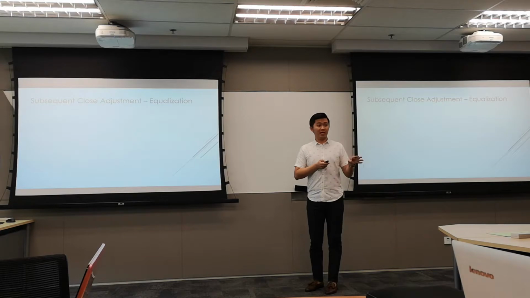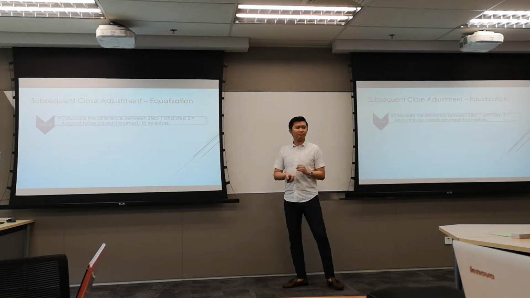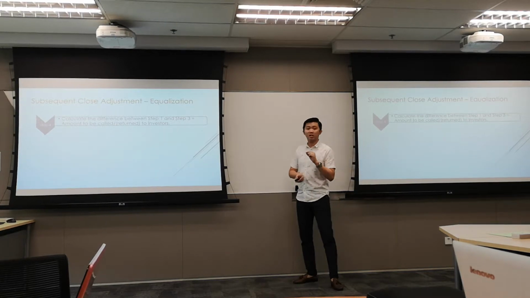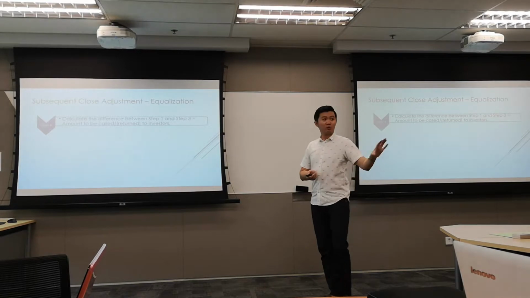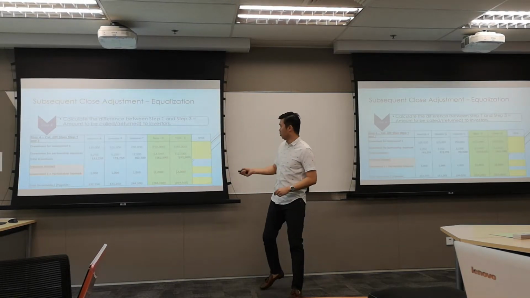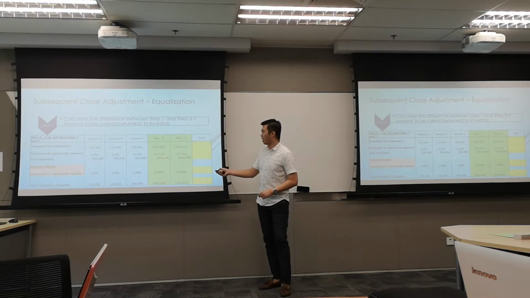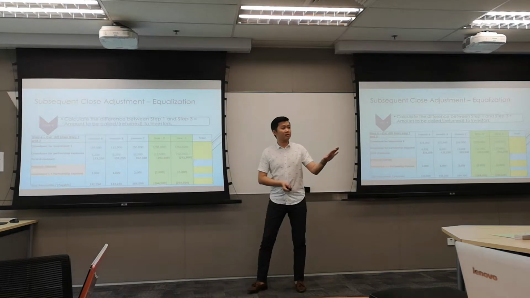That's when we come to the 4th step. The 4th step is to calculate the difference between step 1 and step 3. So step 1 was only you guys. In step 3, you guys came in. We then need to calculate how much we need to pay back from the new investors to the existing investors.